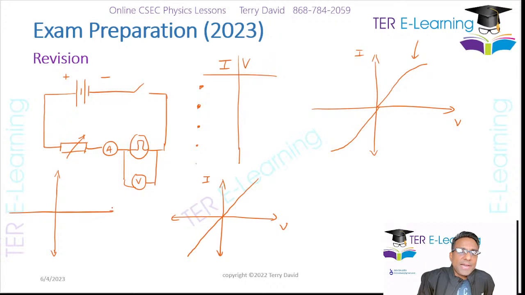So in the case of the diode, this one is kind of special. The diode turns on around 0.7 volts. It looks like this, but when you turn around the diode, there's no current flowing in the diode, right? So you all need to know this graph, that's a semiconductor diode. You need to know this one here for a resistor at constant temperature. And you need to know this one here for a filament lamp. You need to know that, right?